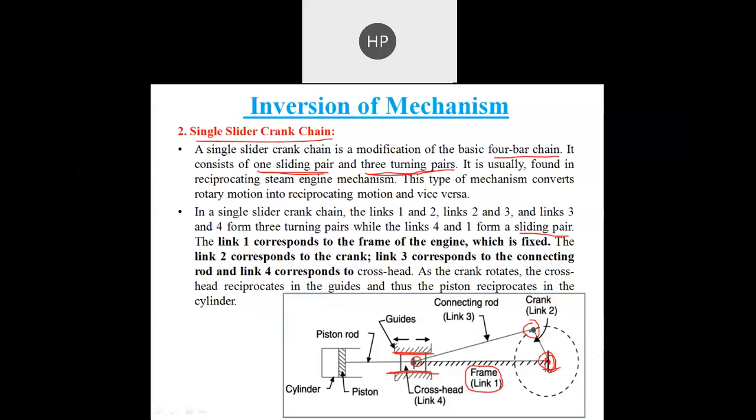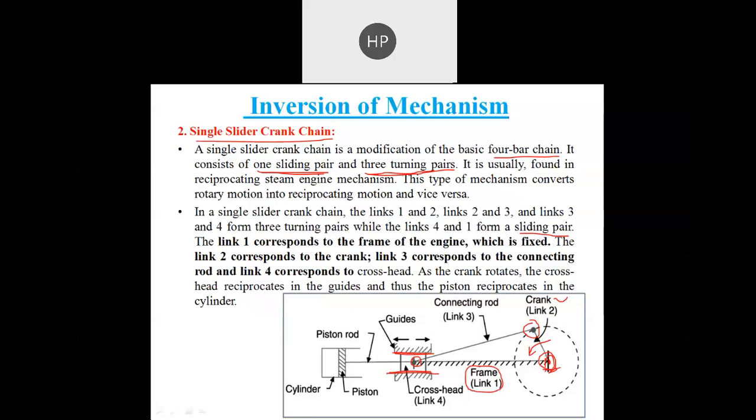Then the link which corresponds to the crank is link 2, which is known as the crank. Then link 3 is the connecting rod. And this link 4 is the crosshead piston, the simple slider. Suppose the crank rotates in this direction.